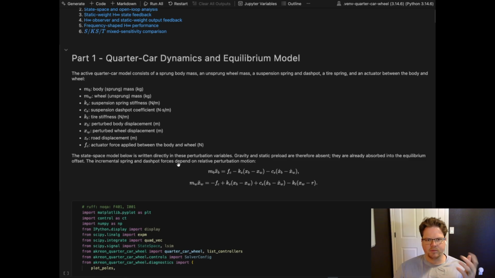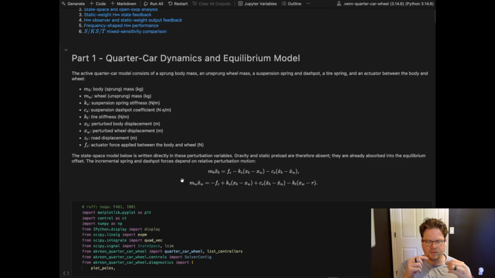And the state space model below is the perturbed variables that we derived earlier. These are the two second order differential equations derived. The first one is the mass of the body times the acceleration of the body, which is equal to the force of the cylinder, subtracted off of the spring coefficient times the suspension displacement, and then the dash pot with the velocity of the body subtracted by the wheel.